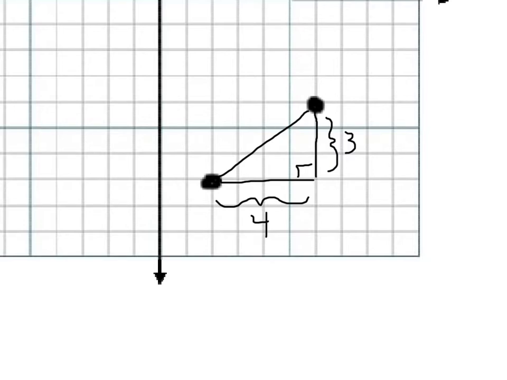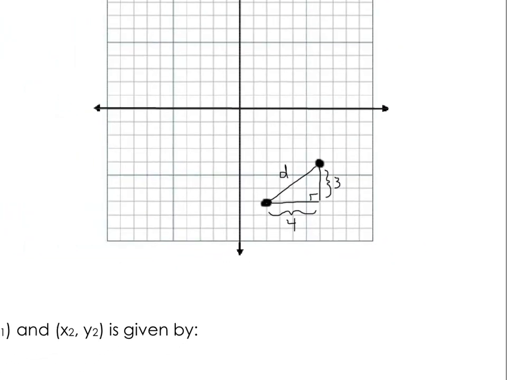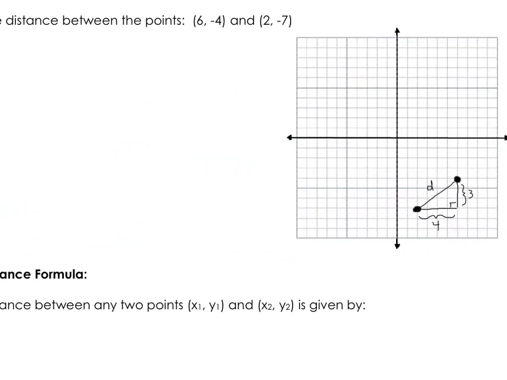So if we want to know this distance, the hypotenuse, all we have to do is use the Pythagorean theorem. We know that the hypotenuse squared equals the sum of the legs squared.